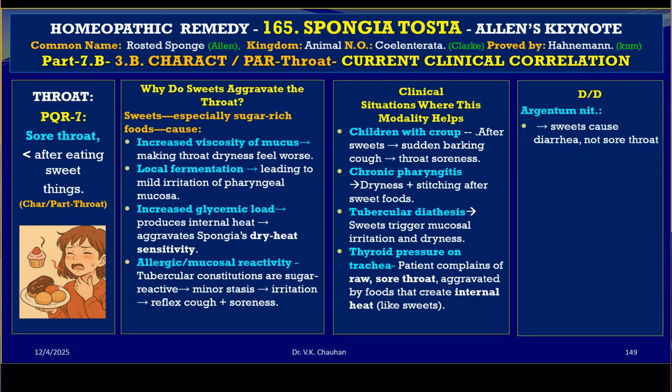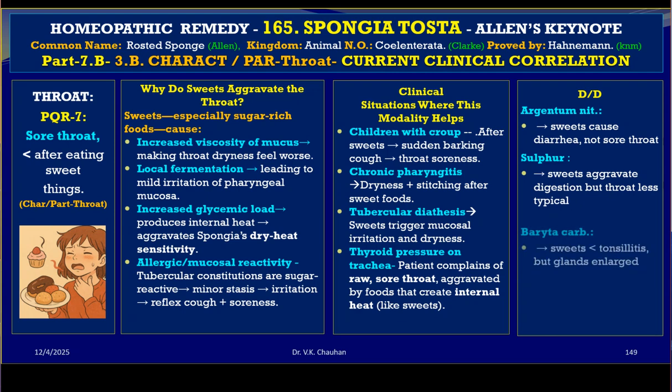We can have a small differential diagnosis among homeopathic remedies. We have Argentum nitricum, where sweet causes diarrhea but not the sore throat. In case of Sulphur, sweet aggravates digestion but not the throat; throat is a much less typical finding here.